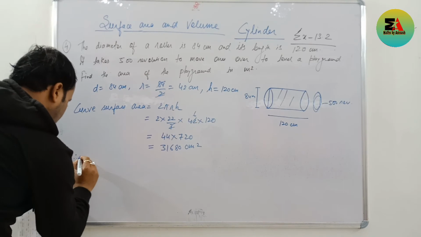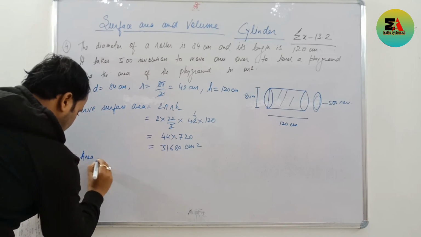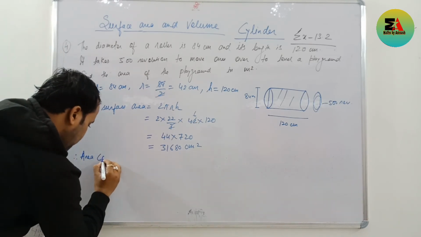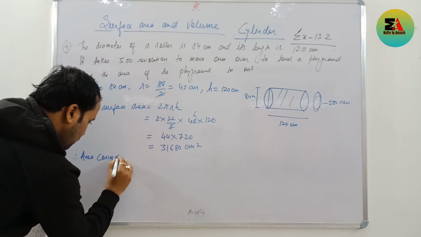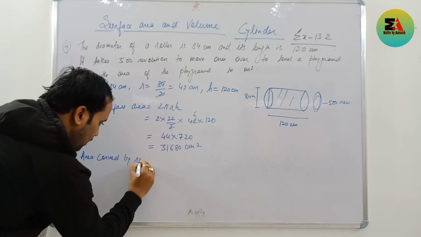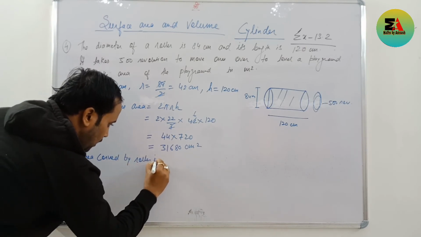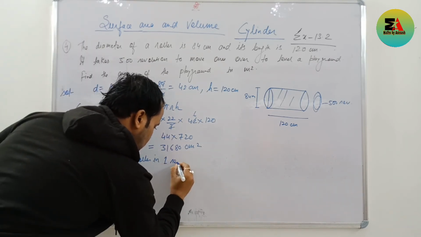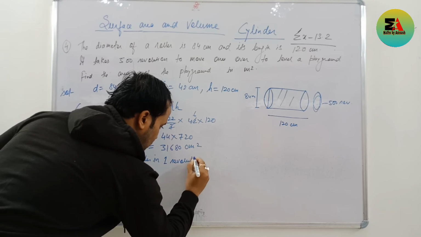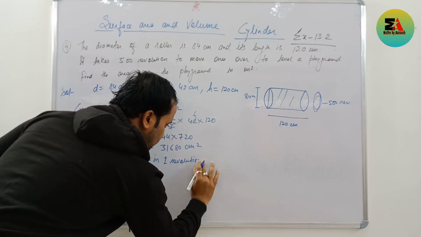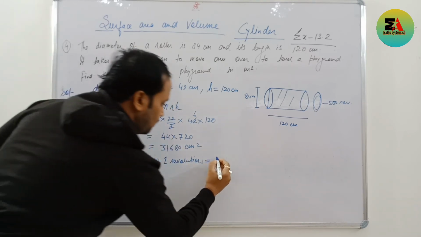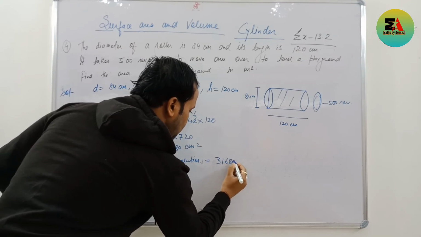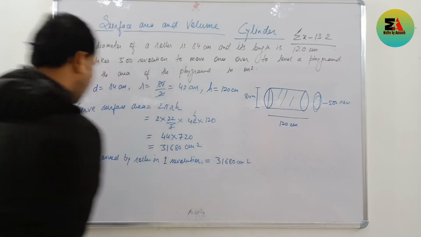Therefore, here you have to write: area covered by roller in one revolution is 31680 centimeter square.